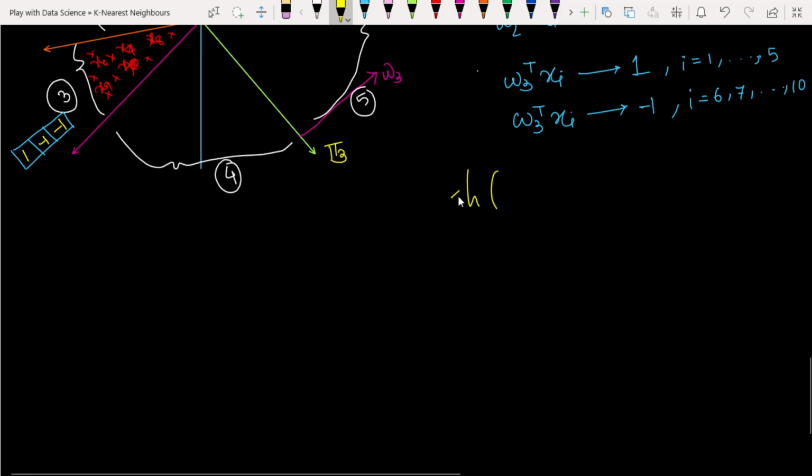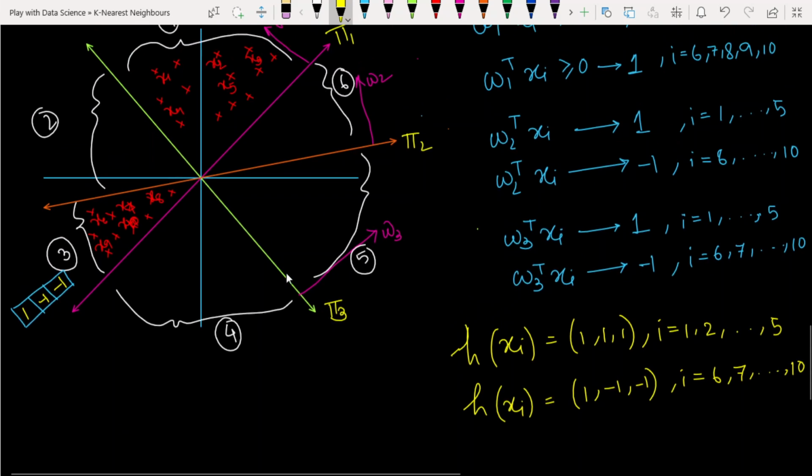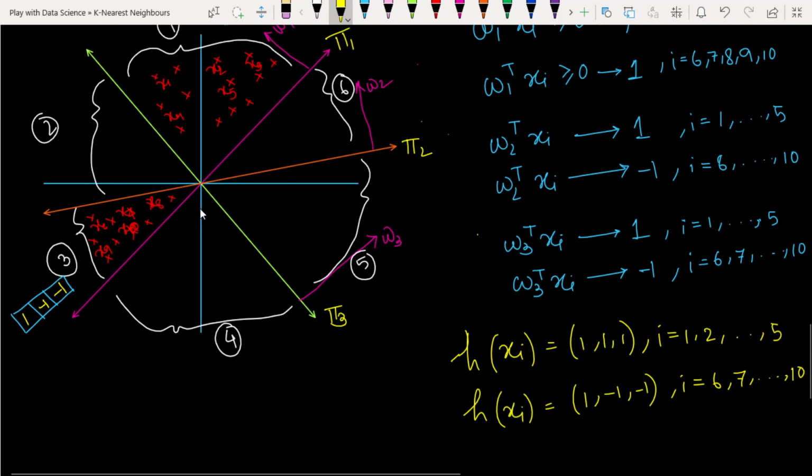So the hash value of xi will be 1 1 1, where i is from 1, 2, 3 up to 5, and the hash value of xi will be 1 -1 -1, where i is going from 6, 7 to 10. Okay, just simple relationships that we have made.